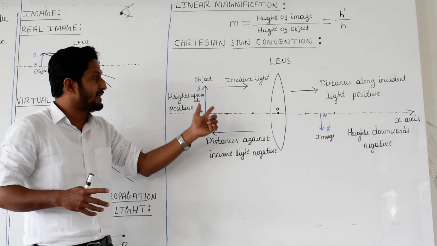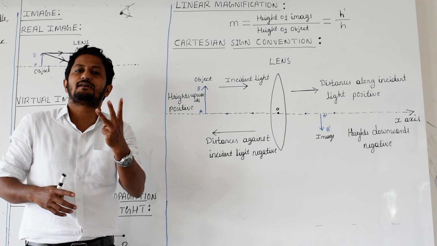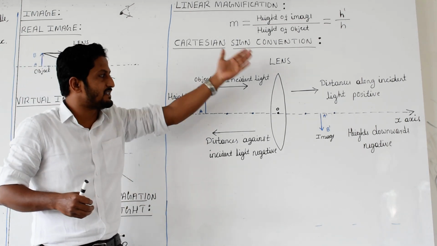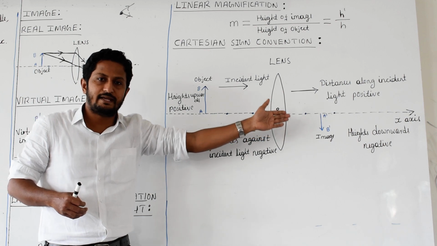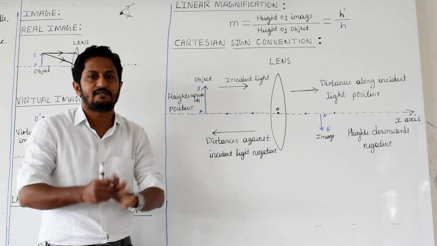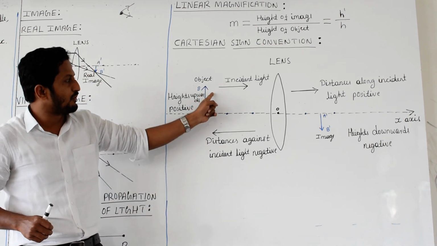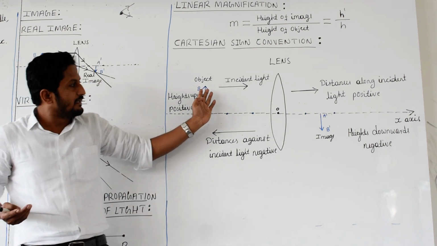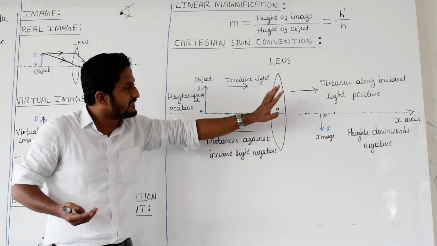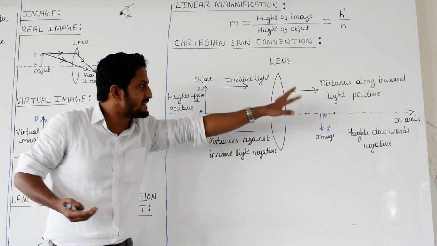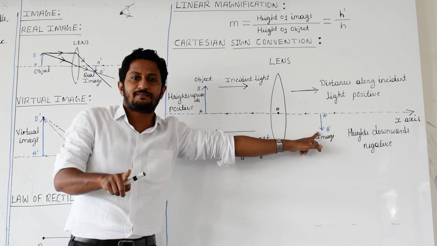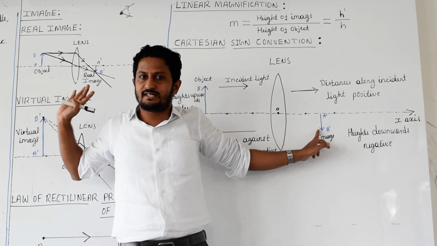To get their image, we have to take at least 2 or 3 light rays. Those light rays falling on that element get refracted and produce their image. Imagine from this object AB, a light ray came, got incident on the lens, and refracted. We already saw this diagram in the previous class.